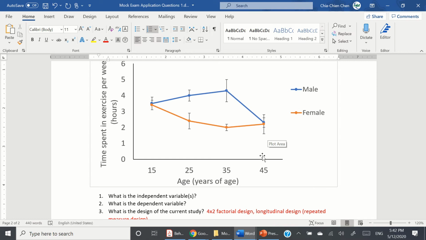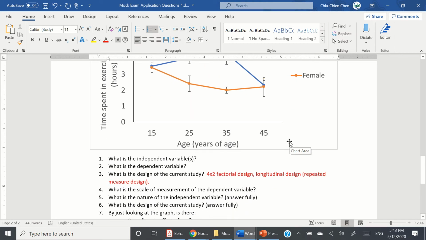We don't know about 25 to 35 and all that, but when you're looking at just 15 versus 45, there seems to be a significant decline, right? Because the error bars are not really matching. The error bar for the upper limit is here, and the error bar for the lower limit is here. They don't overlap. So this pair is going to be at least significant. So there is going to be an overwhelming effect of age. Okay, so that's the first one.